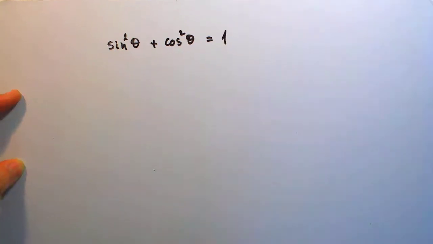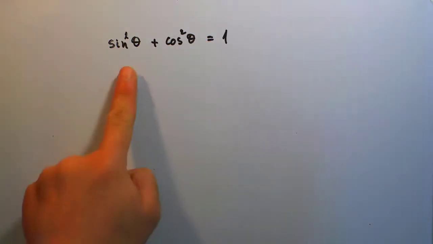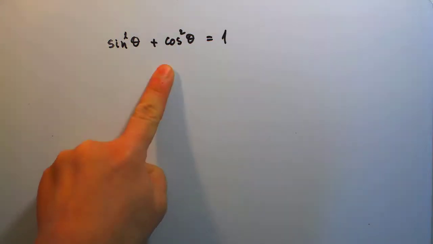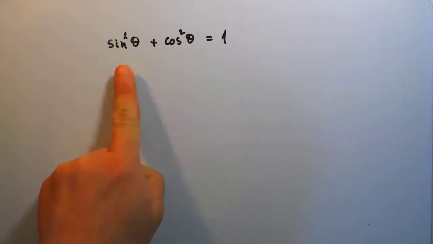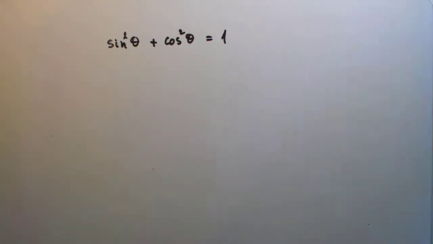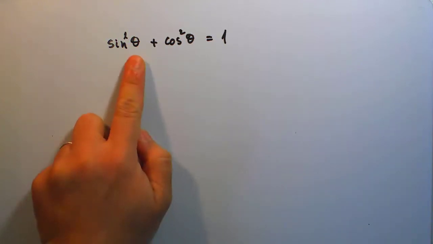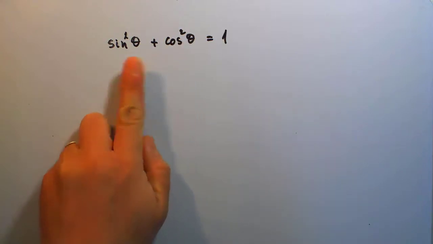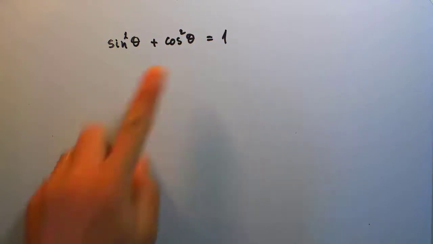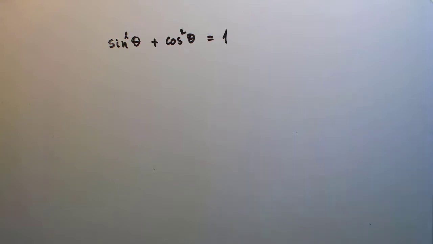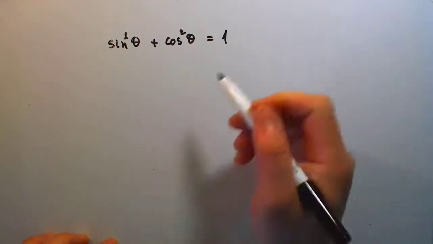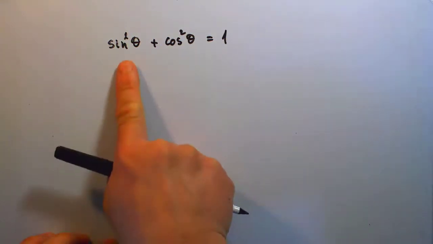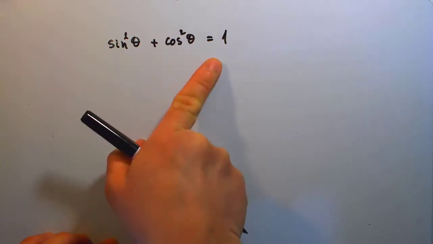Throughout the lecture I was saying that this trig identity is a fundamental trig identity because we're going to be using it a lot, anywhere we're working with trigonometry. Be aware that this identity will be useful, and it's always true. So sine square of theta plus cosine square of theta equals 1.